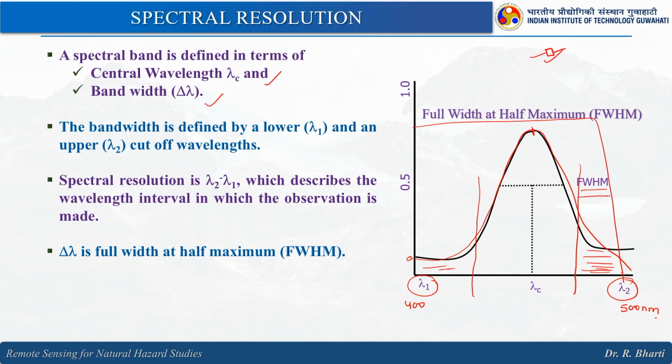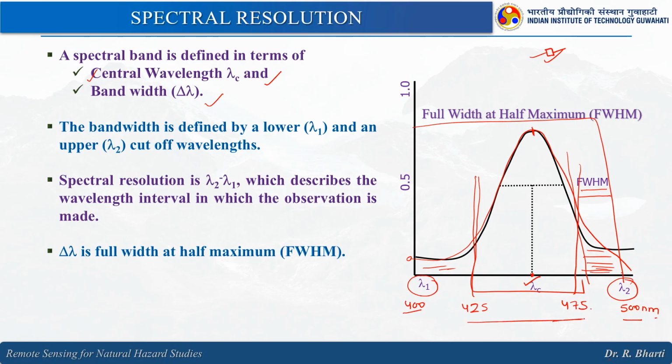Full width at half maxima is used to characterize our detector, the wavelengths to which it is sensitive when generating the image. So the central wavelength of this particular detector, the sensitivity, the bandwidth, will be 400 to 500, and the FWHM may be 425 to 475.